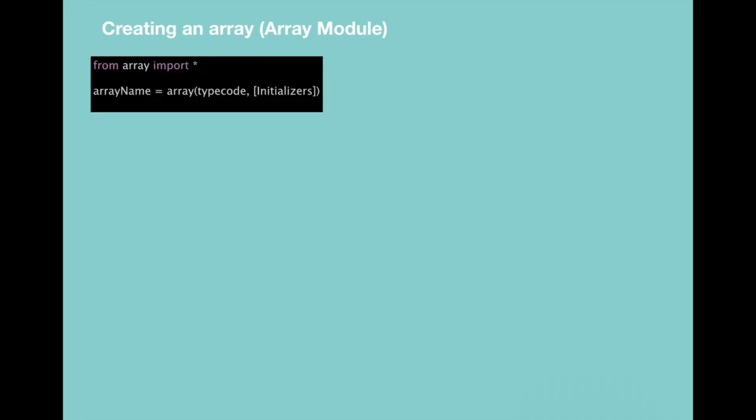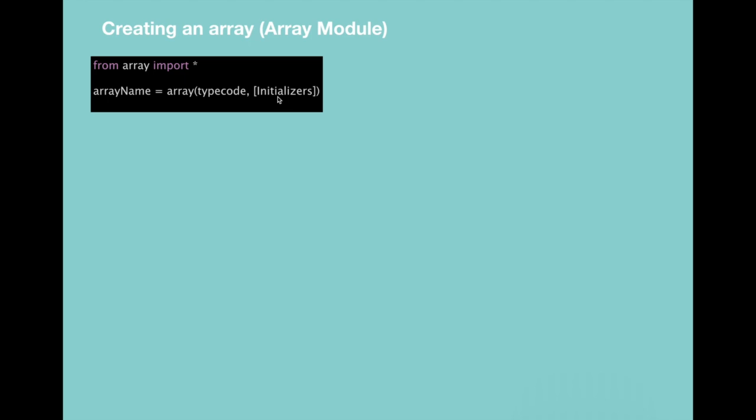We need to import this module every time we use a typical array. The syntax for creating an array in Python using the array module will be like this. First, we need to import the array module. Then based on this array module, we can create an array. Here type code is the data type and initializers are the array elements.